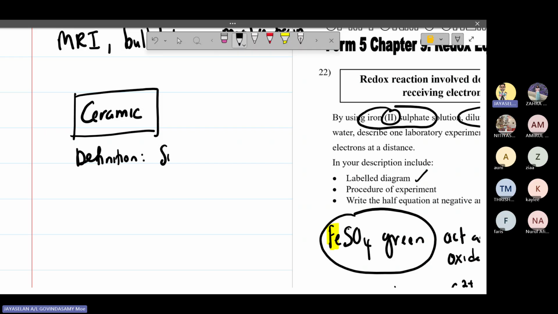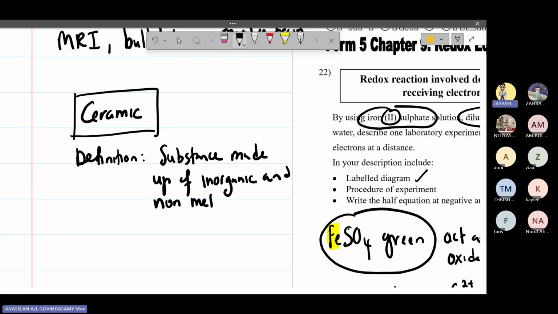Okay, ceramic is a substance made up of, very good girl, inorganic and non-metallic substance. That is ceramic. Sudah faham? All of you understand?